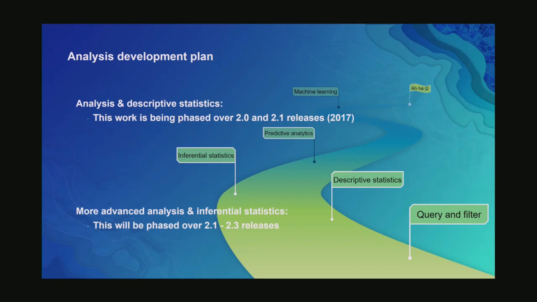It's your data. I worked as an analyst for a long time, so you'll vouch for me on this one. I always fight that it's their data. They've got to be allowed to control it. And boy, does she fight. But that's where we're going. We're moving into a little bit more advanced analysis, inferential statistics, but we will keep it simple. It won't be in your face, but you will have as much control as we can give you.